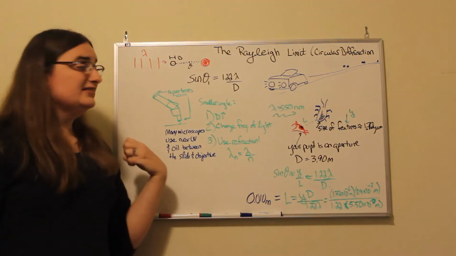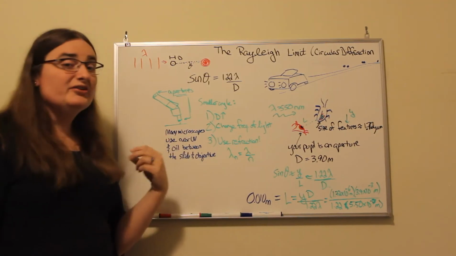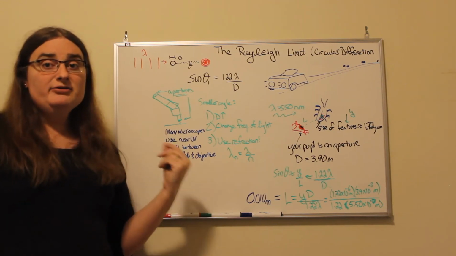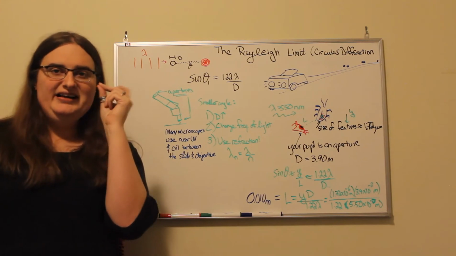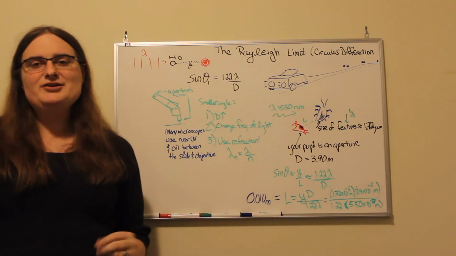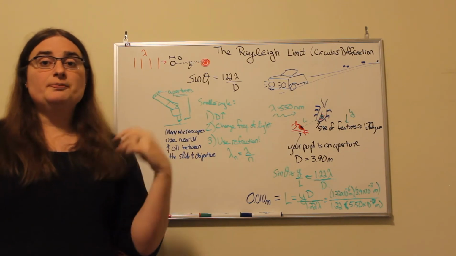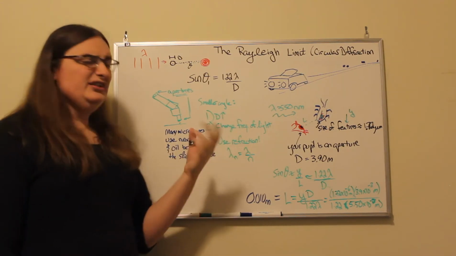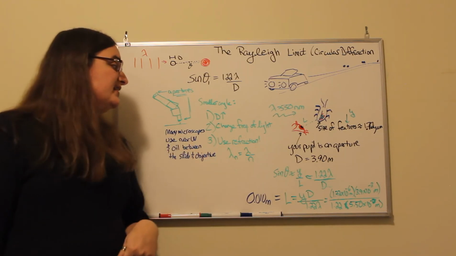There are other ways that we can work with the Rayleigh limit, because sometimes when we're dealing with things like microscopes have pretty fixed diameter apertures. Your eyes don't have a very wide range of diameter, if you think about it, for how large your pupil can open. So there's only so much we can do with increasing the diameter in some cases.